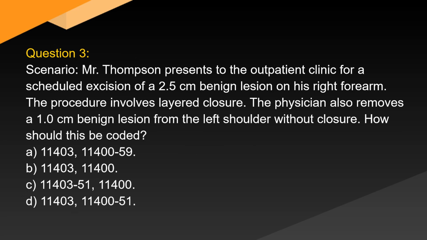Question 3. Scenario: Mr. Thompson presents to the outpatient clinic for a scheduled excision of a 2.5 cm benign lesion on his right forearm. The procedure involves layered closure. The physician also removes a 1 cm benign lesion from the left shoulder without closure. How should this be coded? A. 11403, 11459.